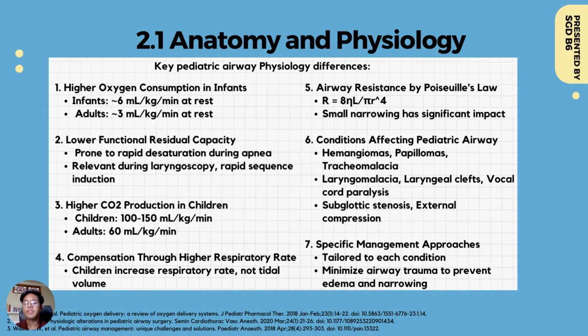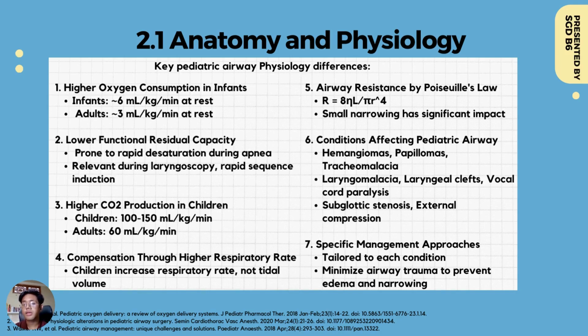My name is Pandio Banimat Pratista, student number ending 201. I would like to present the physiology of the pediatric airway. Infants have a higher oxygen consumption rate compared to adults, approximately 6 milliliters per kilogram per minute at rest. This, coupled with a lower functional residual capacity, makes them prone to rapid desaturation during apnea. Additionally, pediatric patients exhibit increased CO2 production, ranging from 100 to 150, to meet the higher metabolic demand.